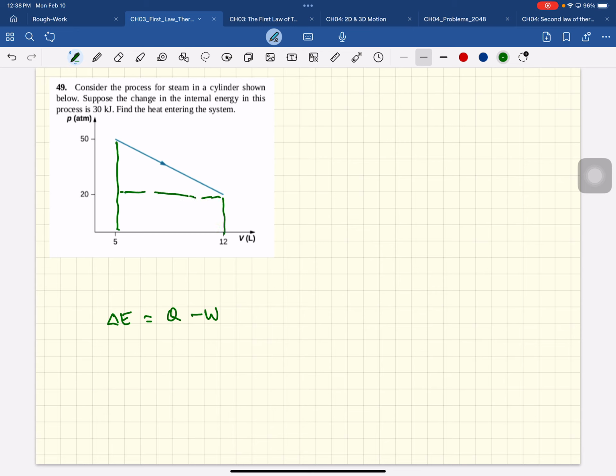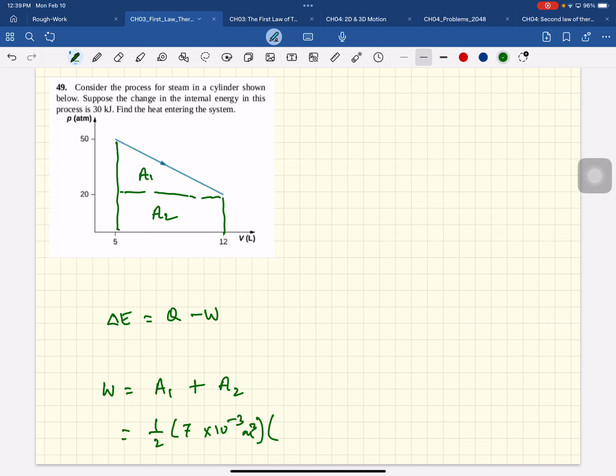And that area is the area of the triangle plus the area of the rectangle. So the work done is area A1 plus A2. The area of a triangle is 1/2 base times height. This is in atmospheres. Base is in liters, so 7 liters, and each liter is 10 to the minus 3 meter cubed.